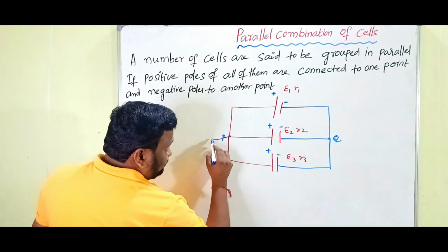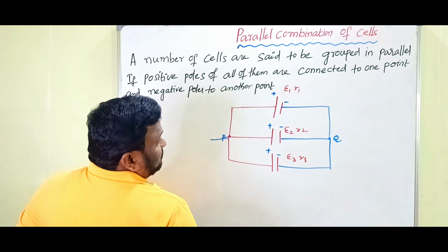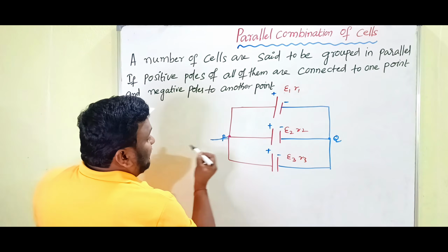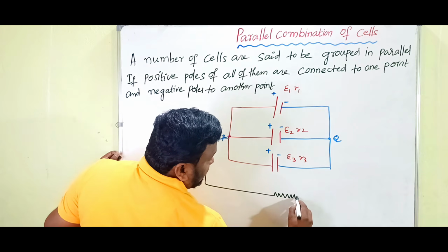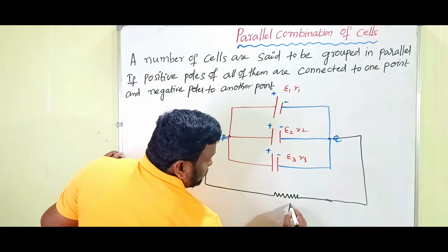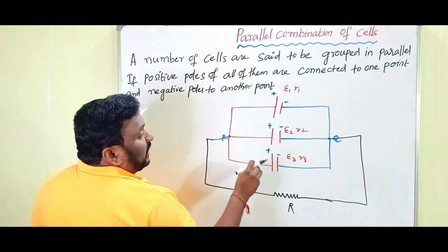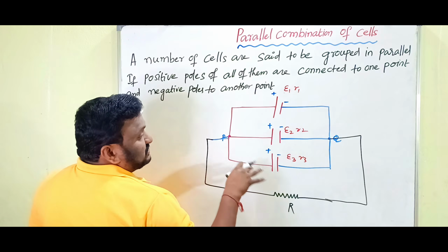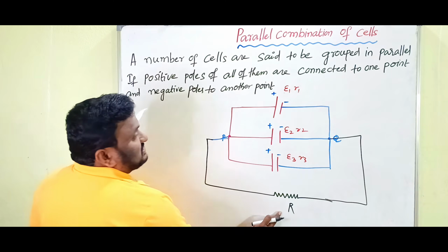In between them we are giving some external resistance like this. So now you can say this is the parallel combination of cells.